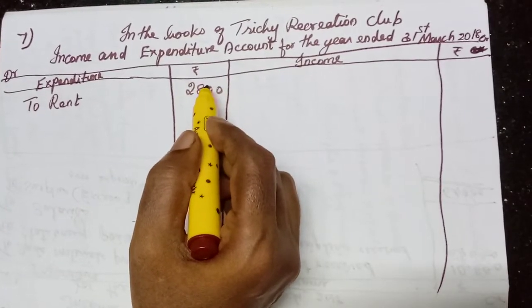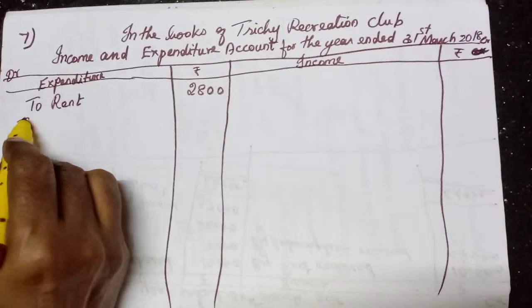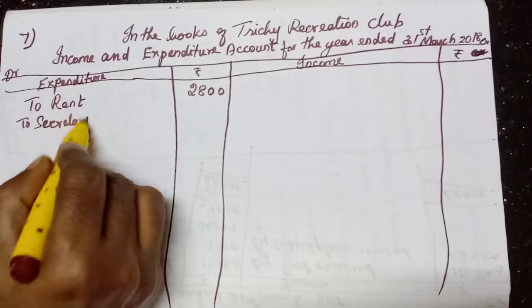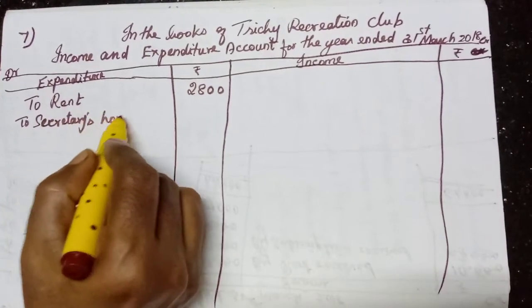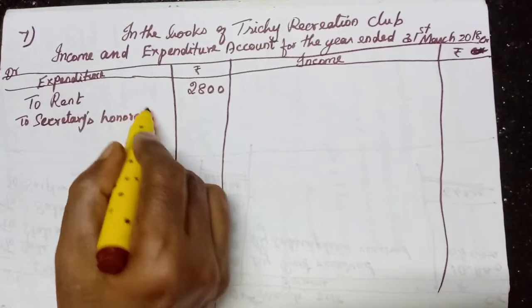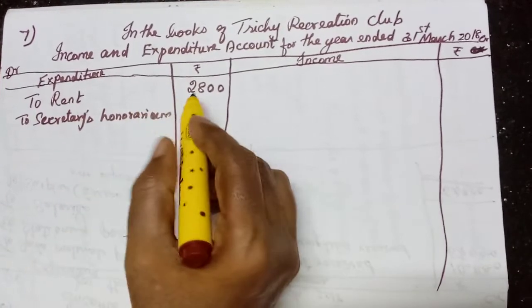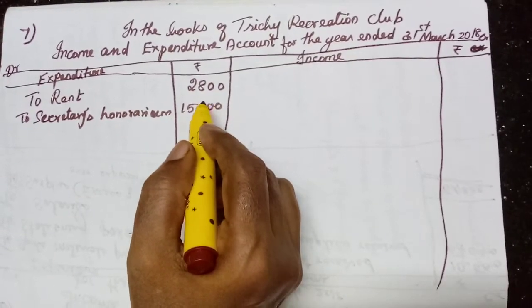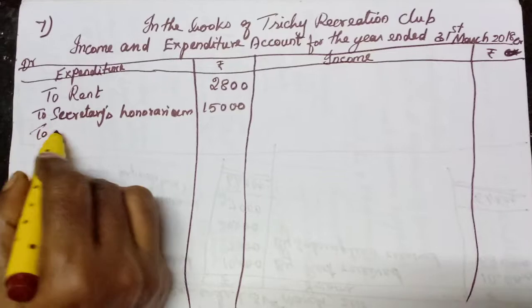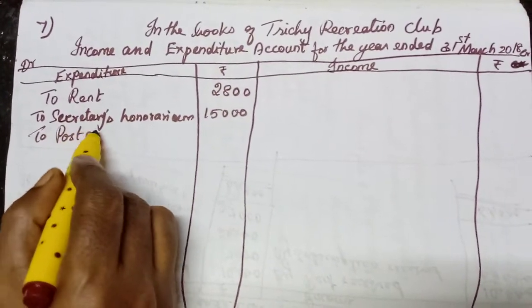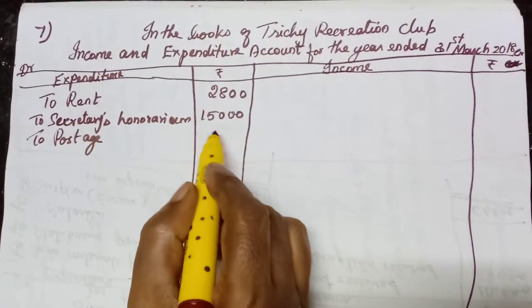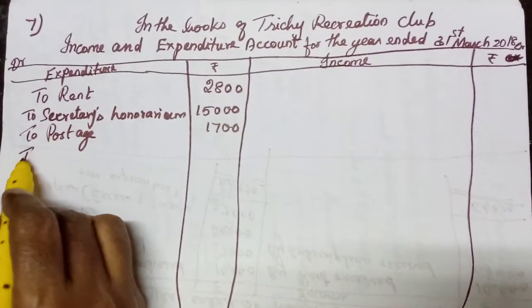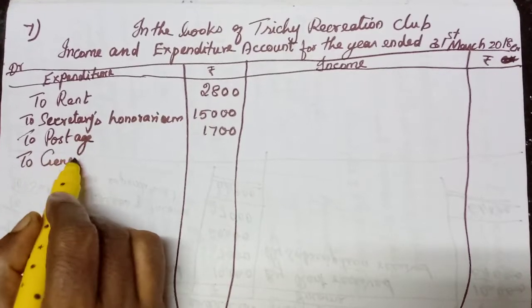Then to secretary's honorarium, 15,000. Then to postage, 1,700. Then general expense. By general expense, here to general expense.